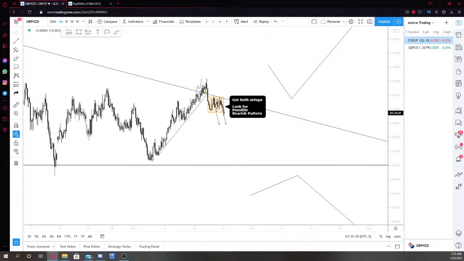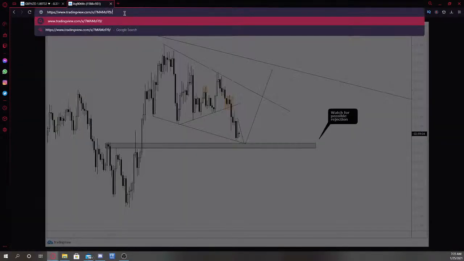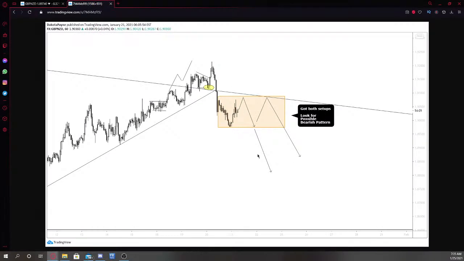Again, all the screenshots are in the Discord channel. All right, let's find this. Right here, edit, copy. All right, got both setups.